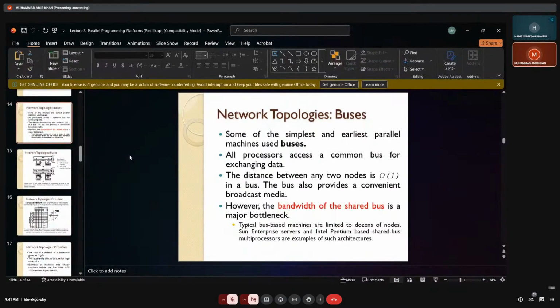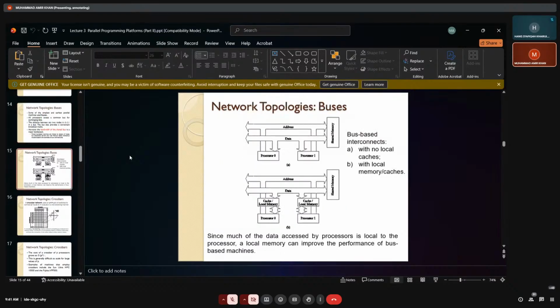So this is network topologies, buses. This is the diagram of bus topology. Bus-based interconnects with no local cache and with local memory cache. If we use any other hardware it will be costly, but the performance will ultimately be high.